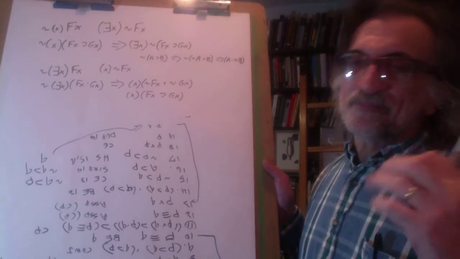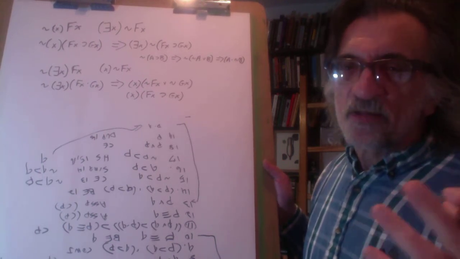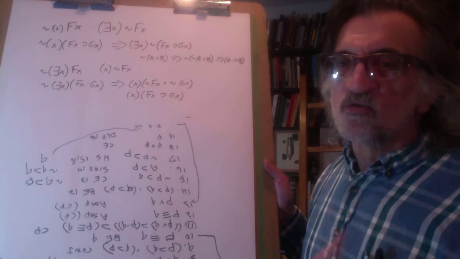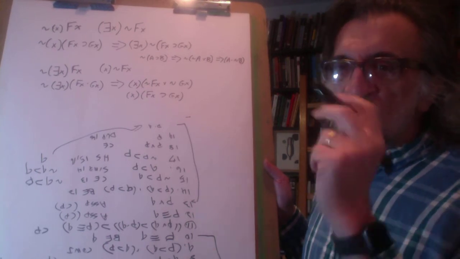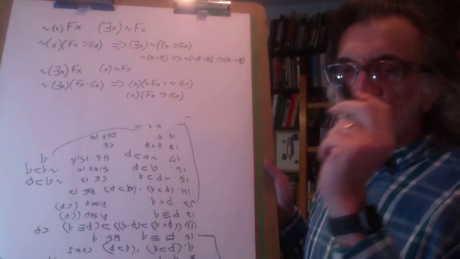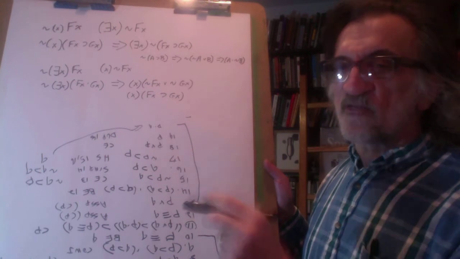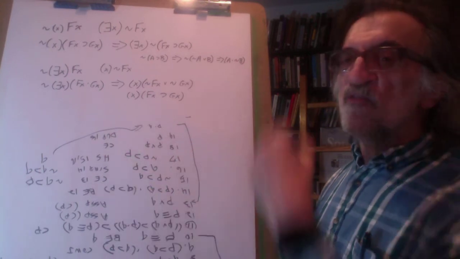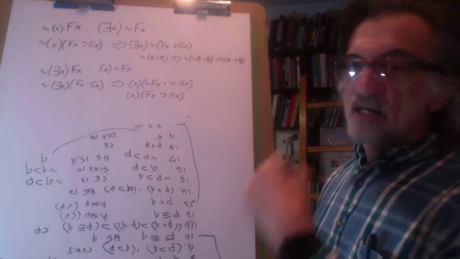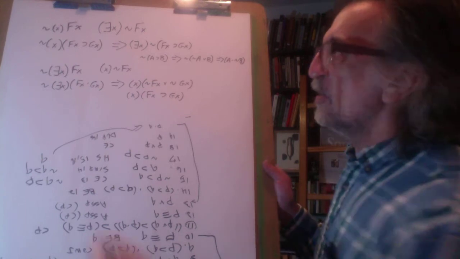They're not really hard rules. Why are they not really hard rules? Because the basic rule is a single one. When you have a negation sign in front of a quantifier, you can move it through to the other side as long as you change the quantifier.